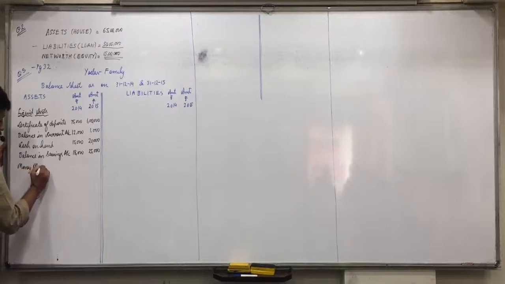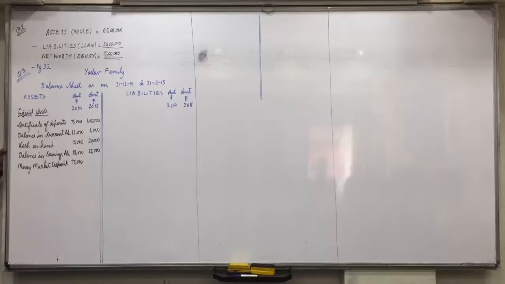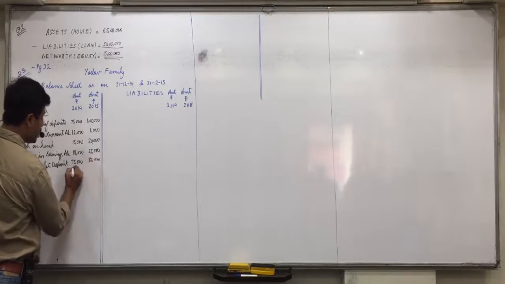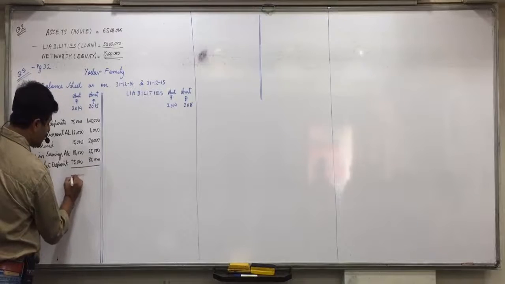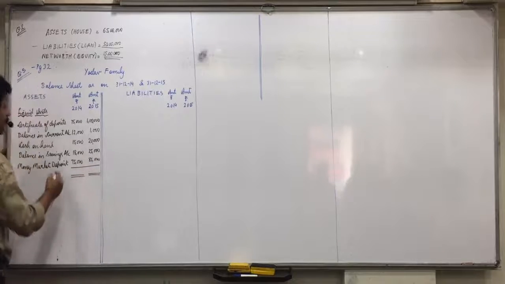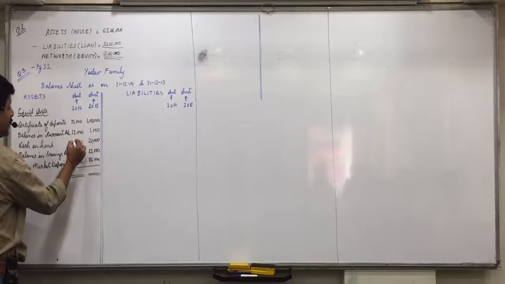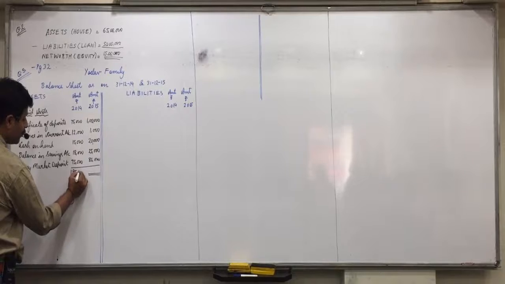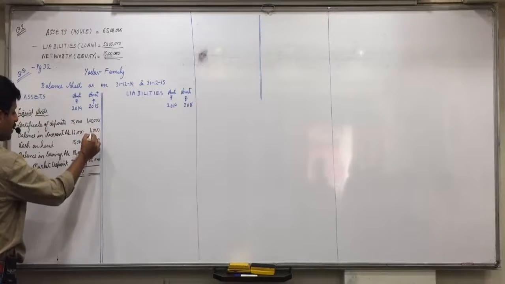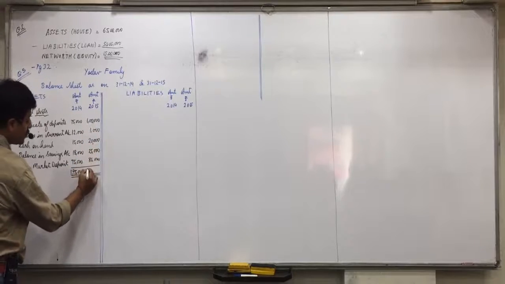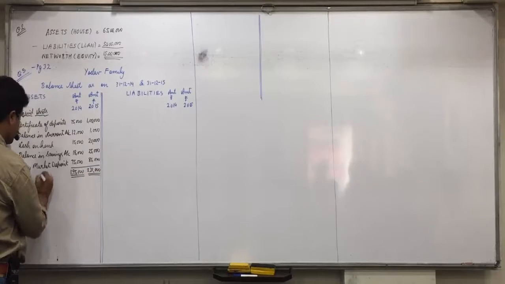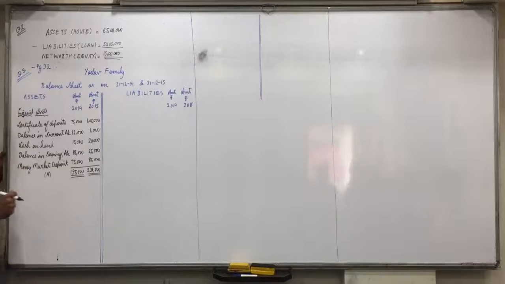And money market deposits 75,000 and 85,000. Did you all understand this? Now, as we don't have a sub column of amount, here itself we'll do the total and call it A. So 75, 87, 102, 120, 195. And 1 lakh, 121, 146, 2 lakh 31,000. Mark it as A. Did you all understand this?